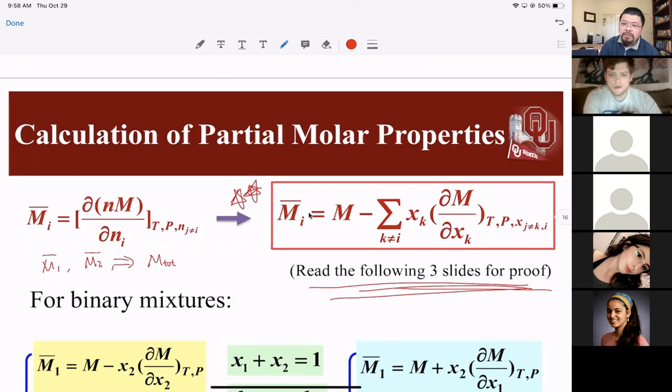But we can also have the opposite. If I have M total, if I have M1 partial, how do I calculate M2 partial?